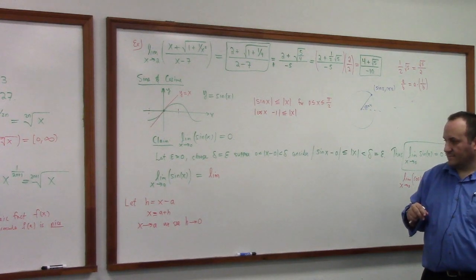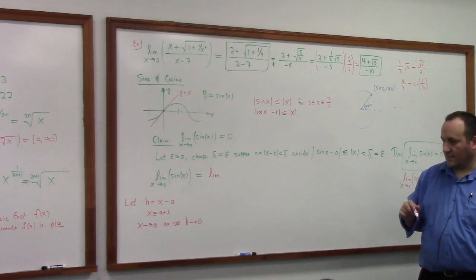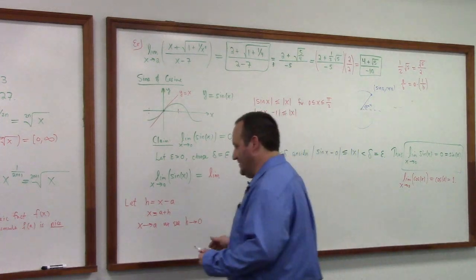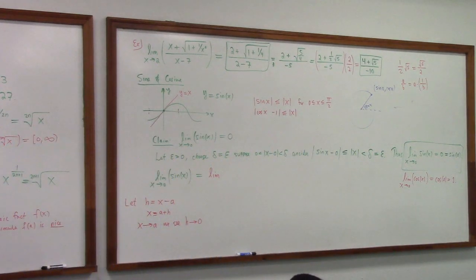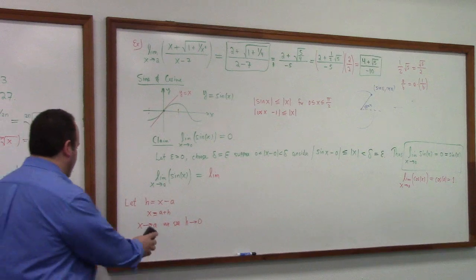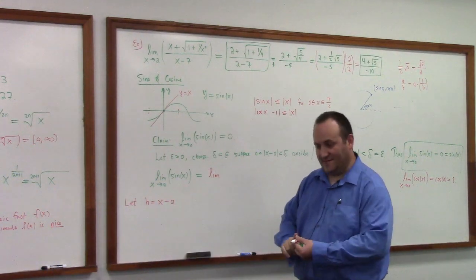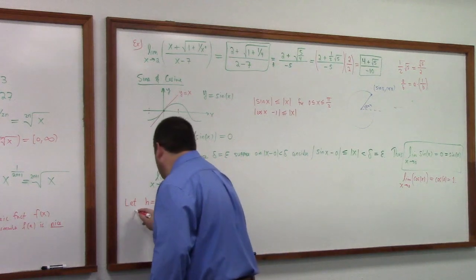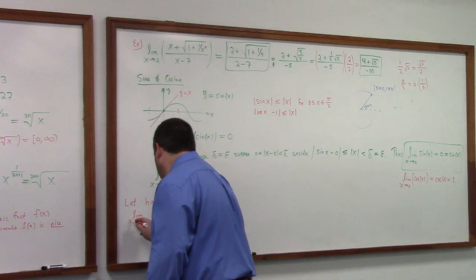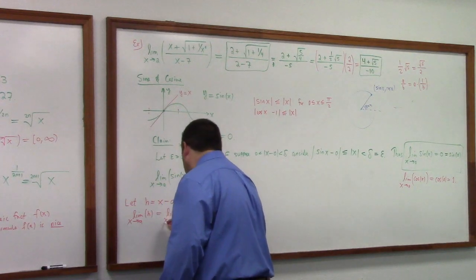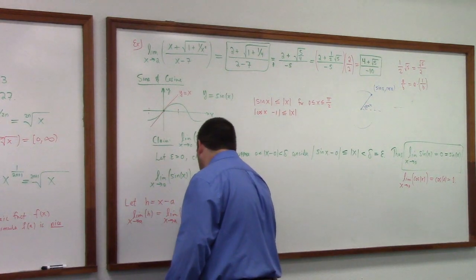X is equal to a plus h, right? The thing is, I have gone from one thing to another. Let h equal x minus a. The limit as x goes to a of h is equal to the limit as x goes to a of x minus a, which is what?